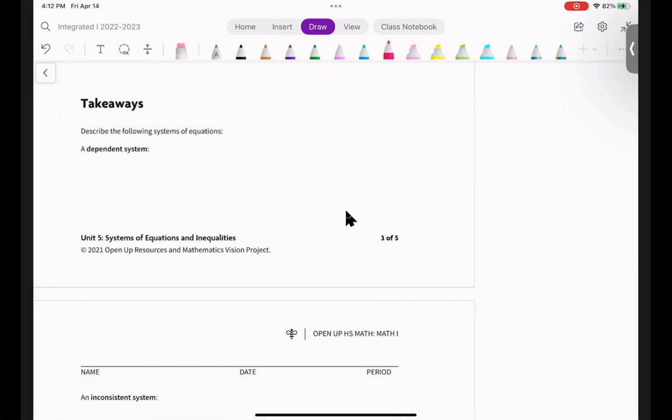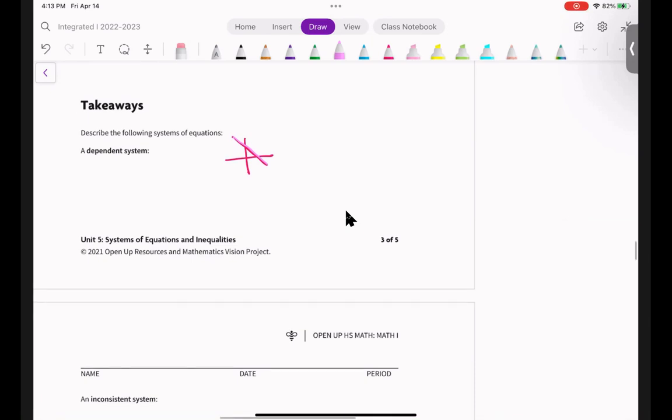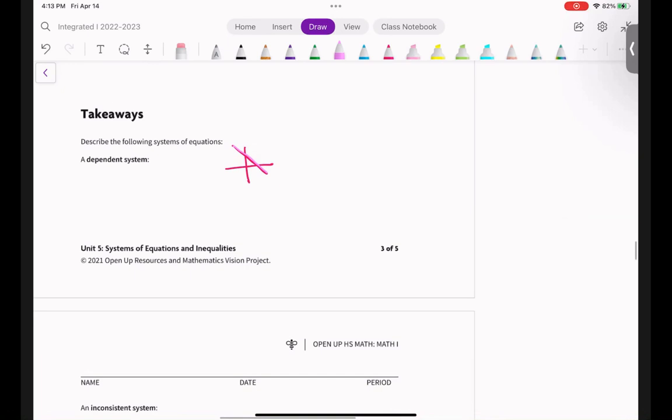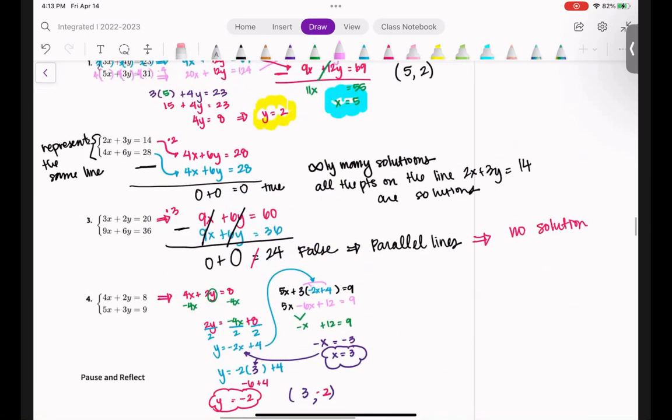A dependent system is when the picture looks like this. I'm going to try to draw two lines right on top of each other so you can see. What was the one with infinitely many?